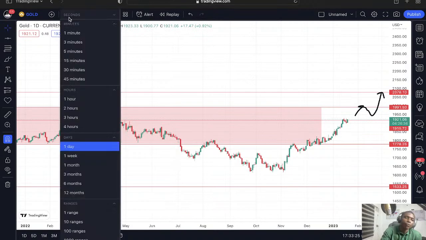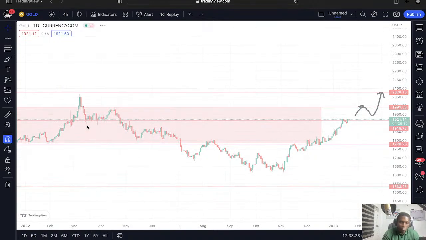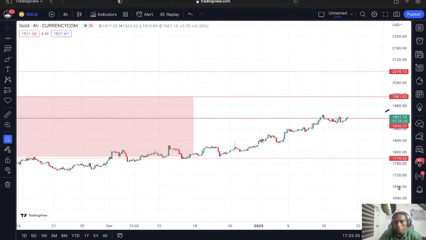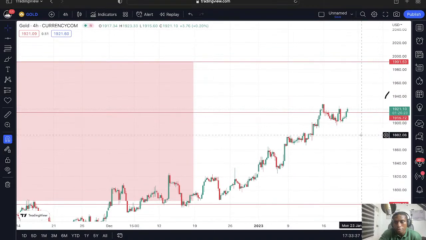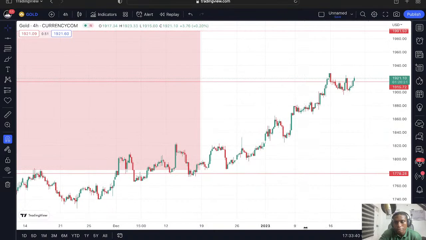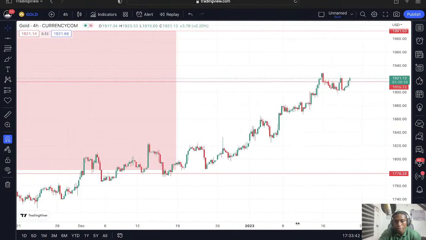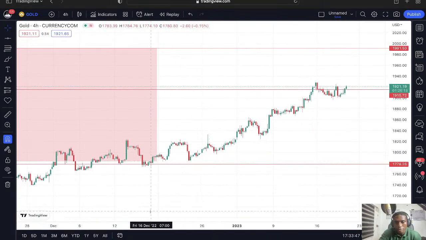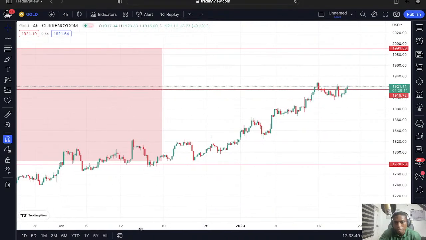Okay, so for intraday traders, now let's look at the 4 hours time frame. So you can see the region where gold is currently playing in right now.